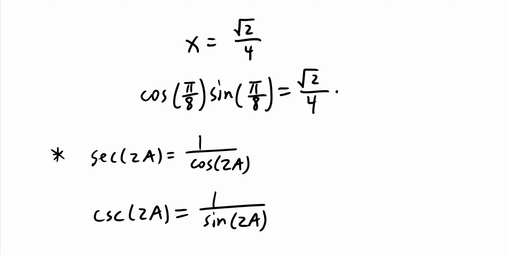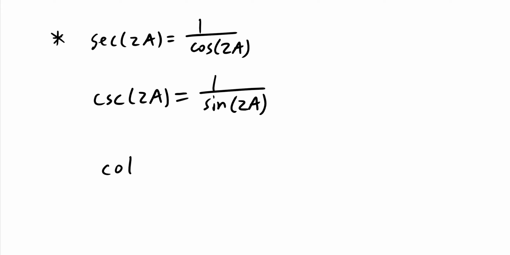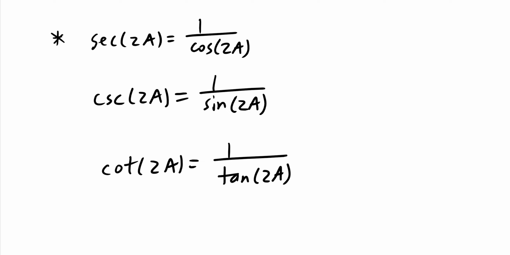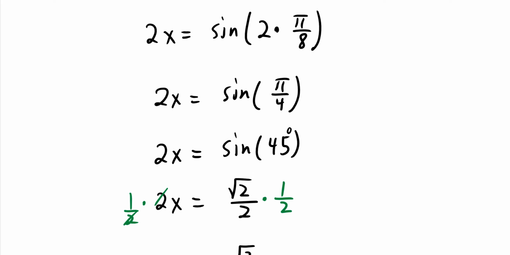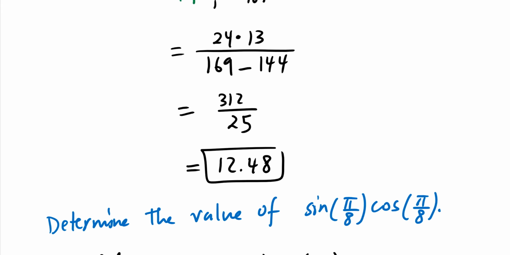And cotangent 2a is 1 over tangent 2a. So if you come across any of these, you can use the reciprocal identities to help you. But our main focus is sine 2a, cosine 2a, and tan 2a, because the other ones can be easily found.